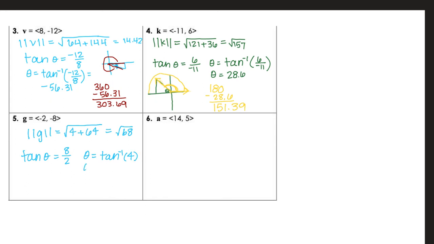And so theta is going to be equal to 75.96.